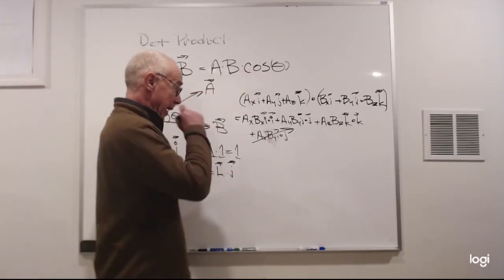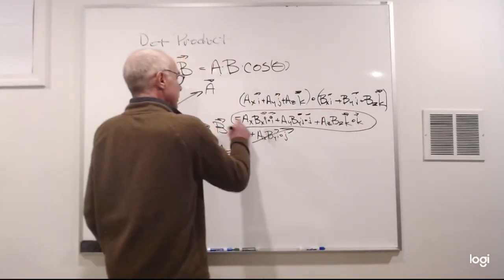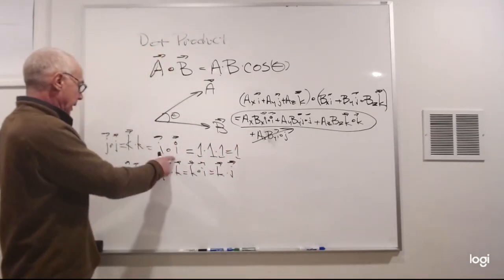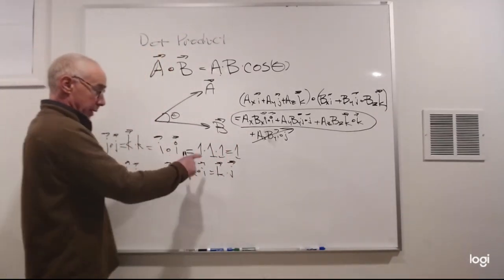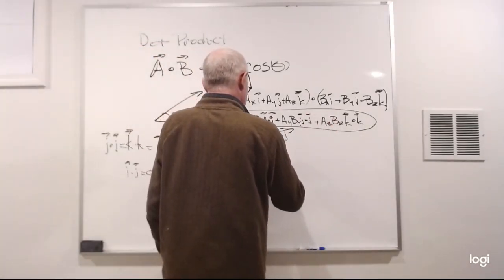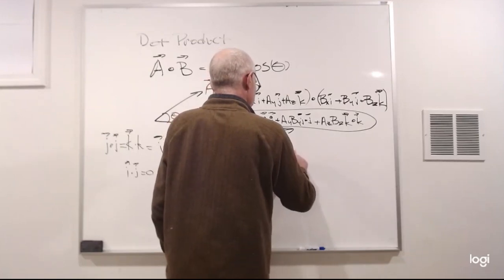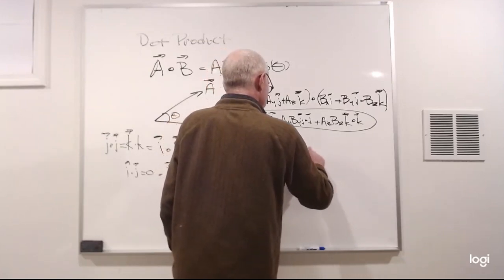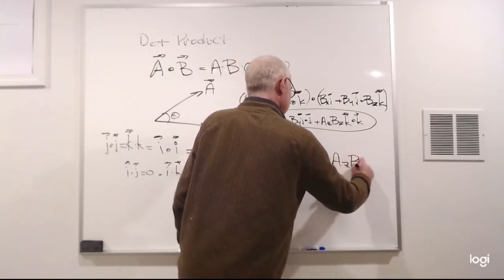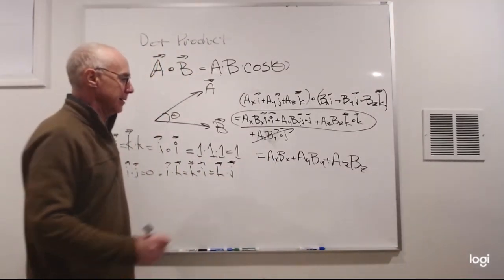So this, in fact, is the expansion that we're looking for, and we know that i dot i, j dot j, k dot k equals 1. So we can replace this by ax bx plus ay by plus az bz. So that is what a dot b looks like.